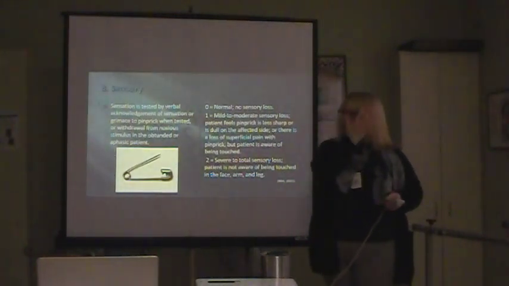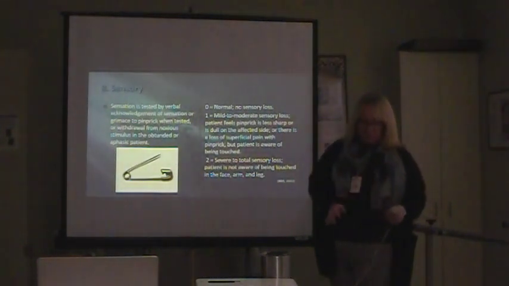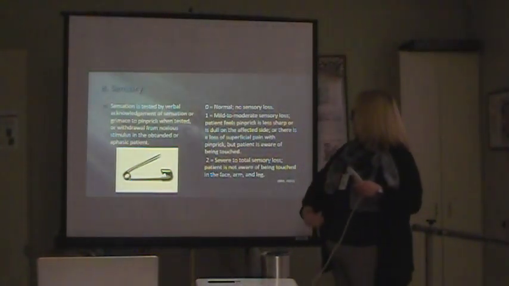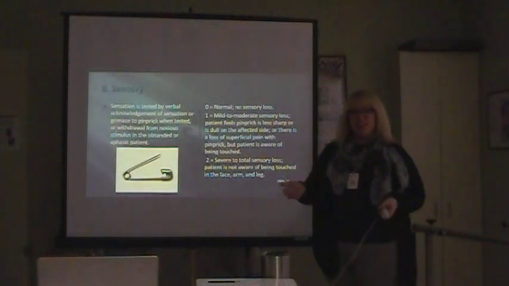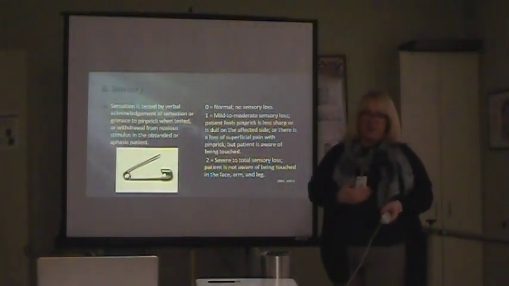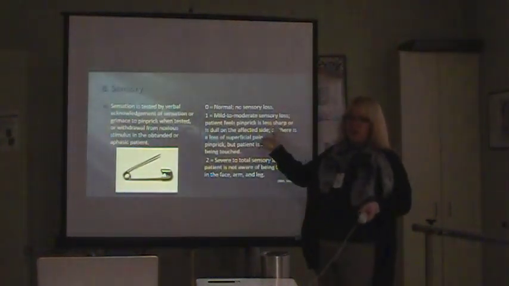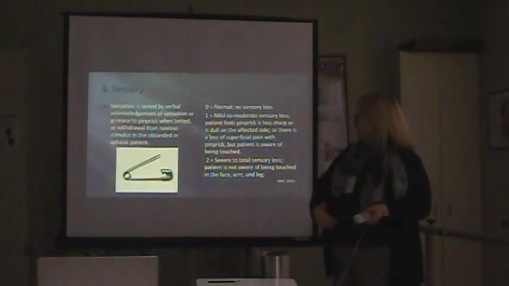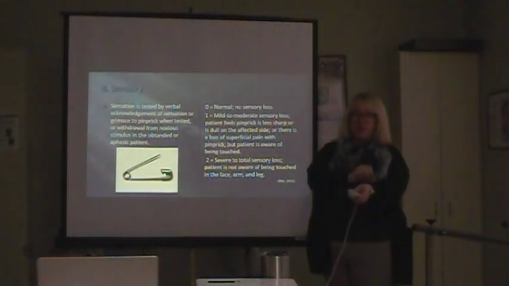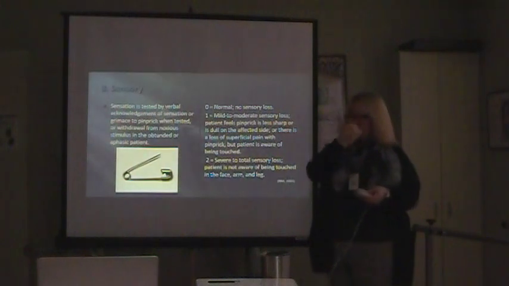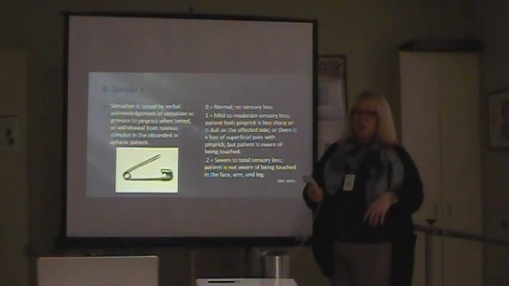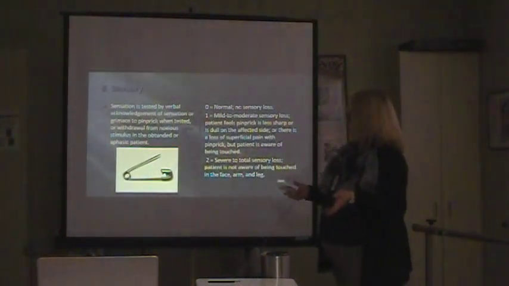If you touch them with the safety pin in various areas on your way down the body, and they say, oh, hey, that's a little bit different, it's a little duller on this side, I don't feel it as much on that side, that patient is a 1. And again, you go down, and if they have no sensation, they don't even recognize they're being poked with a pin somewhere down this section, then that would be your patient's 2.